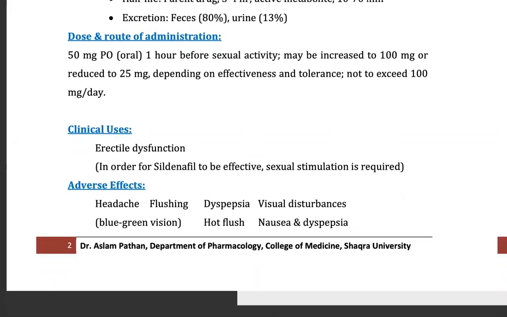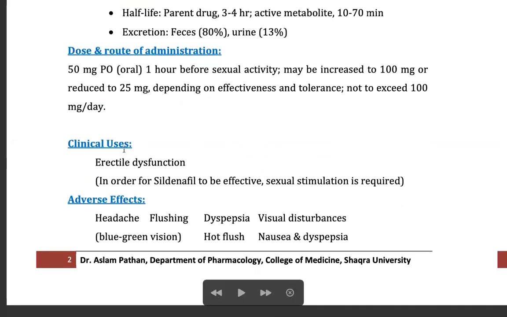What are the clinical uses? It is generally used to treat erectile dysfunction, but in order for sildenafil to be active, sexual stimulation is required. The adverse effects: common adverse effects seen are headache and dizziness, which are very common.